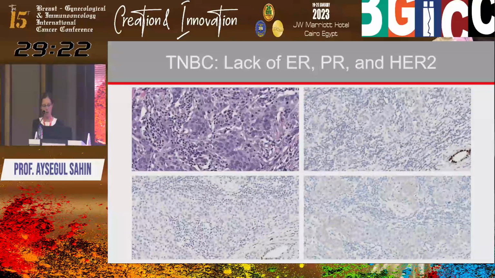Number two, we have an internal control. So it's really important to make sure that we have internal control. Calling something positive is always easy, but calling something negative, we really have to make sure that we don't have any technical issue.